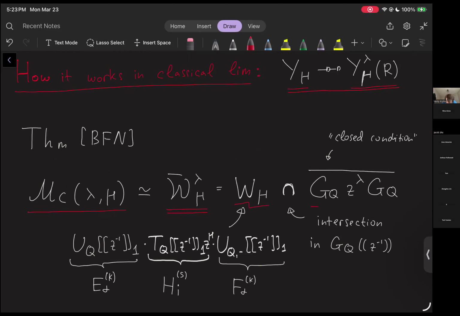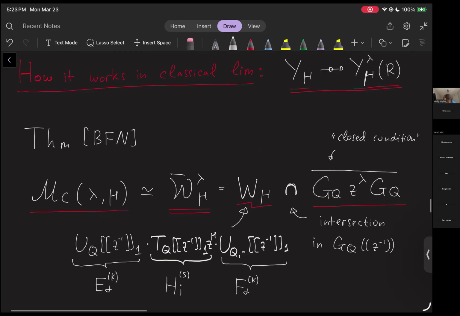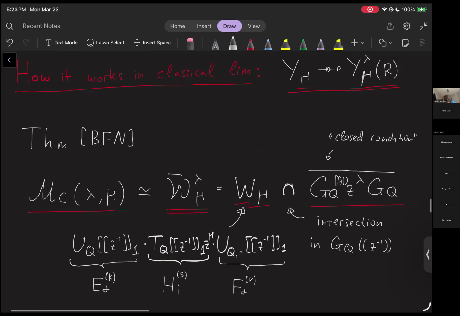And the other is some closed space, closure of some... Oh, and I forgot Z. Sorry. Should put Z everywhere. So now we live inside this infinite dimensional space. Let me again emphasize that now the group we're dealing with is the one corresponding to the quiver Q, no gauge group at all.